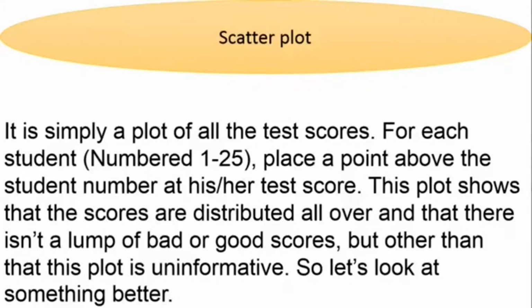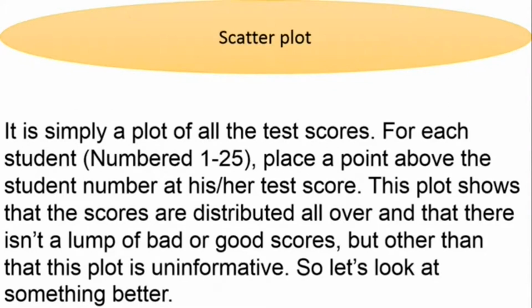First thing I'm going to show you in this example is a scatter plot. It is simply a plot of all the test scores, and for each student number 1 to 25, place a point above the student number at their score. This plot shows that the scores are distributed all over, and that there isn't a lump of bad or good scores. But other than that, this plot is uninformative.